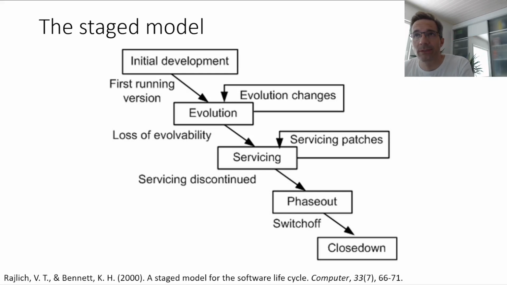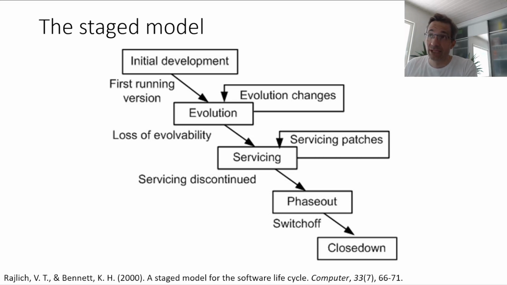According to this model, over time changes occur, and as a consequence of the laws of software evolution, the system becomes more difficult to maintain in the evolutionary phase. And at some point the system maintainability might degrade so low that it loses its evolvability, so it can no longer be maintained.